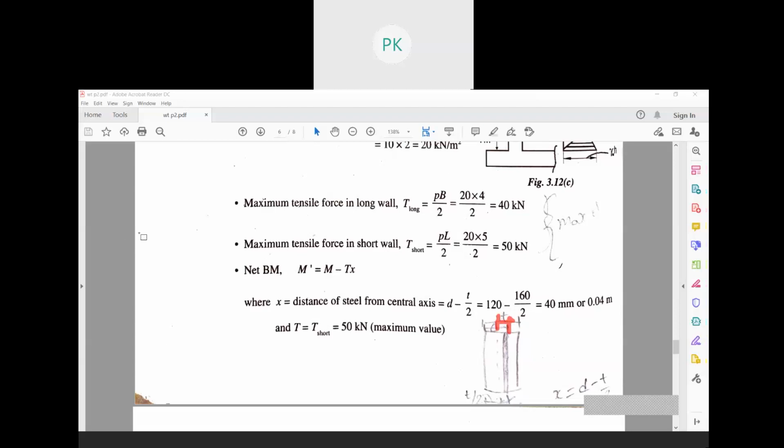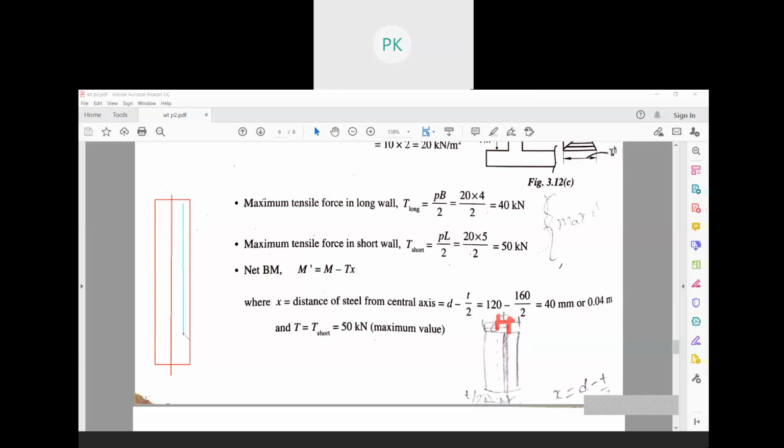See how it comes here. If this is the wall thickness, and this is the center line, okay. Then this is the steel provided.